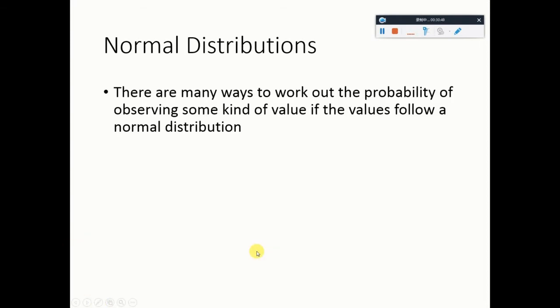So far we have worked out the general principle, or general way, of finding the probabilities of observing some kind of value if the value follows a normal distribution. Mathematically, there are many ways to do that, but for the purpose of this class, we'll be focusing on what we call the empirical rule. The empirical rule is an approximate way of finding probabilities.